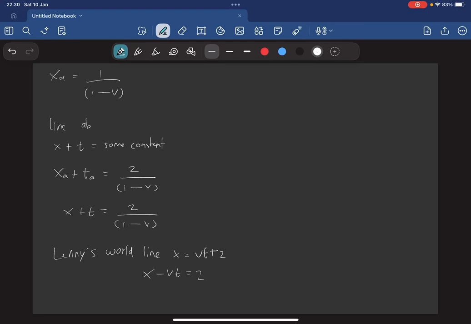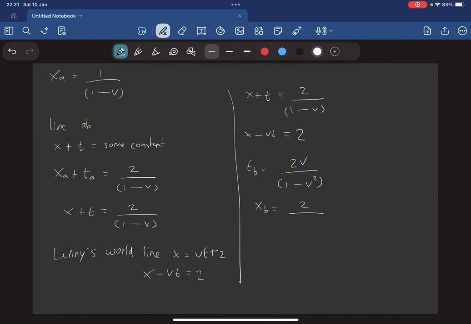Our simultaneous equations are x plus t equals 2 divided by (1 minus v) and x minus vt equals 2. The solution after a bit of easy algebra is t_B equals 2v divided by (1 minus v squared), while x_B equals 2 divided by (1 minus v squared).